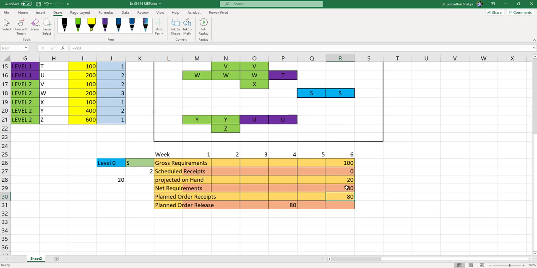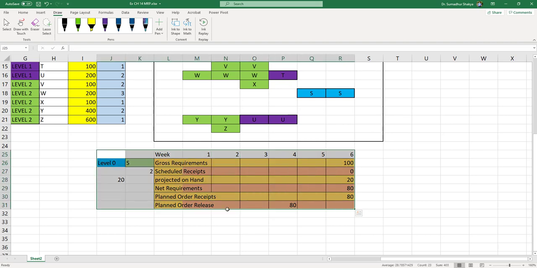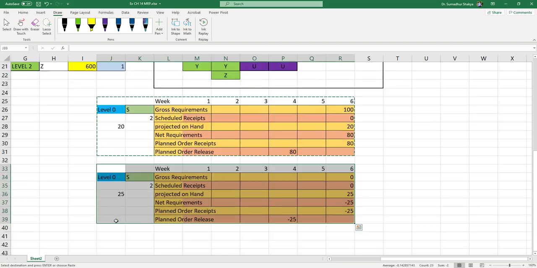That more information will come in when we are calculating net requirements planning instead of gross requirement planning. This is just a typical format that is universally followed. There might be more details to it, but I'm going to copy this basic structure and then copy it over.